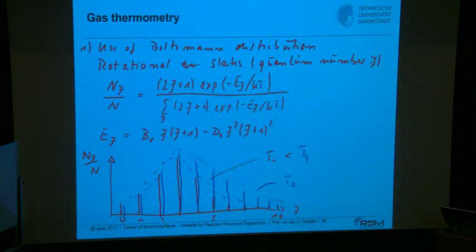Although, of course, it's obvious that if you do it only with 2 lines, then you're less precise, because each measurement of a transition and its line strength will have a certain noise. And if you divide by ratioing 2 noisy values, you're less precise than if you measure the complete spectrum. But in principle, that's doable.